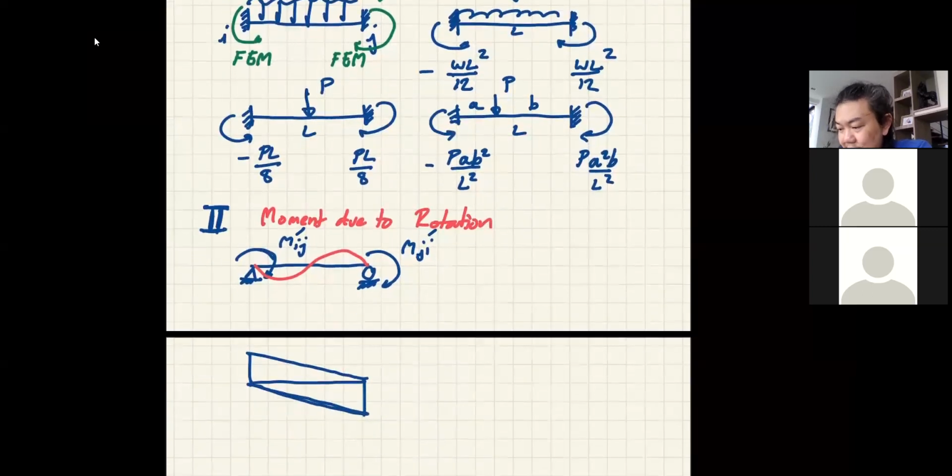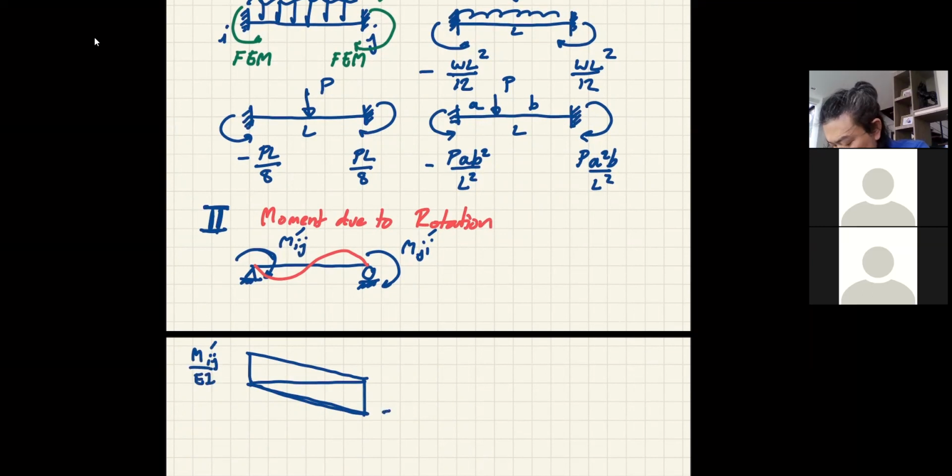So the moment diagram becomes Mij prime or dash over EI. That's a value there. And here is minus Mji dash over EI.